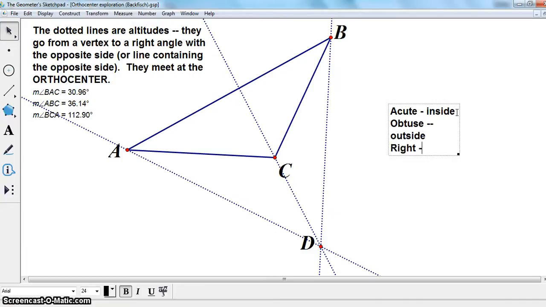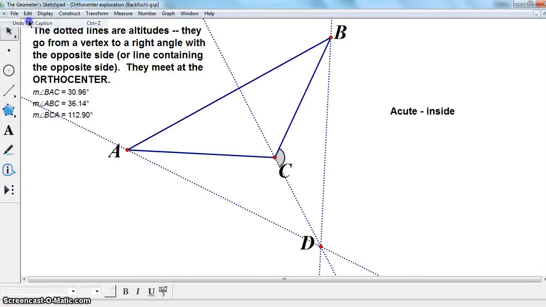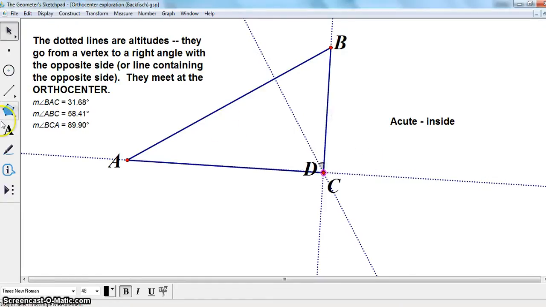And finally, let me see if I can make this a right triangle. Whoa, I didn't mean to do that. Okay, I goofed up everything there. Hang on, let's see if I can just go back. That works. And make this a right triangle, and look what happens. D actually will be at the vertex of the right angle.